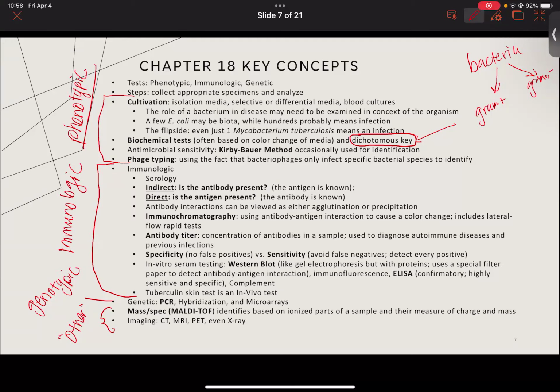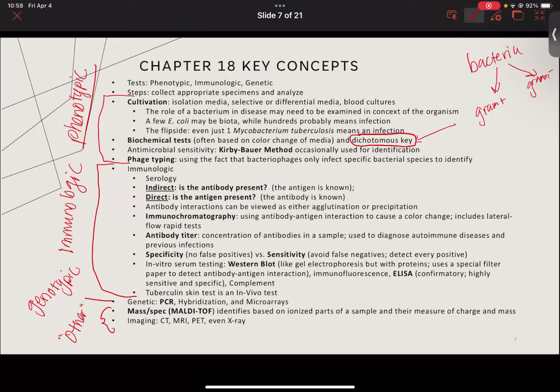And so we can use that knowledge to say, I think my patient has salmonella, take a culture from that stool sample, expose it to a virus that only infects salmonella, and if we see that that virus infected your patient's sample, that indicates that your patient had salmonella. If the virus did not infect your patient's sample, your patient did not have salmonella. They had something else. We'll have to do other tests to determine what. So that's phage typing. Bacteriophages only infect one specific species of bacteria.